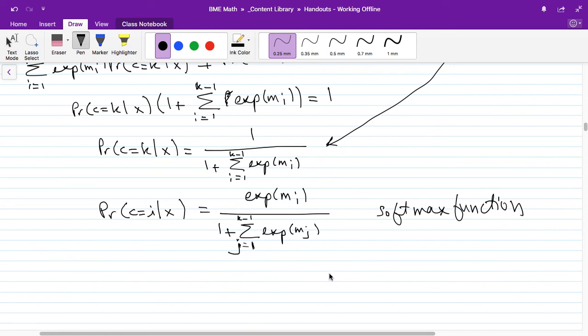And what's important here is that m_i is a linear function of x. And so I have found a way to write the posterior probability of a class when I have k classes in terms of x, and they're all going to have linear components in them.